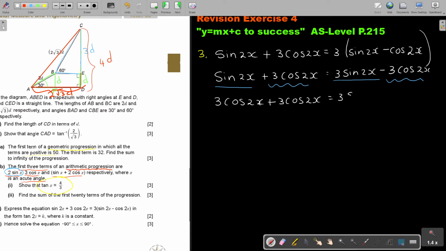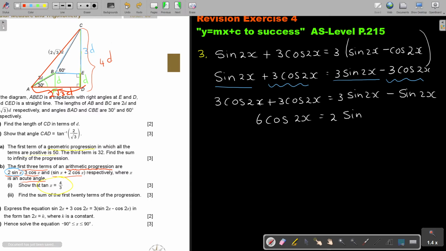This is 3 sin 2x. This is minus sin 2x. So this is going to be 6 cos 2x, and this is going to be 2 sin 2x.